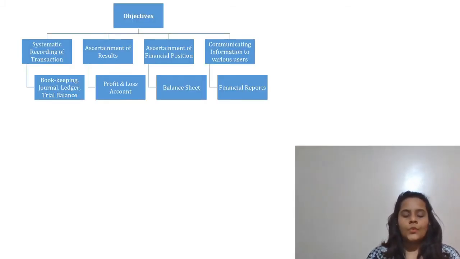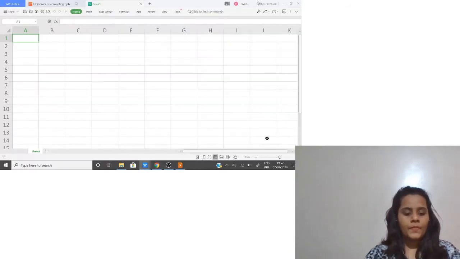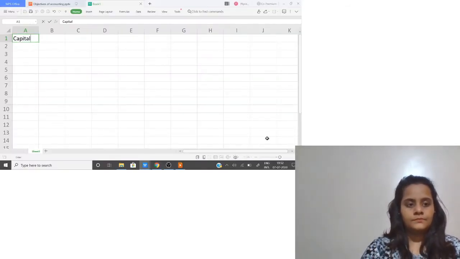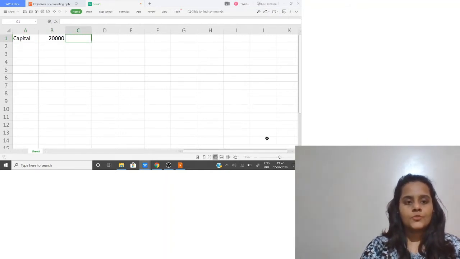Let us begin with the objectives of accounting. Suppose I have started a business with capital of 20,000 rupees. I had brought this 20,000 in the form of cash.